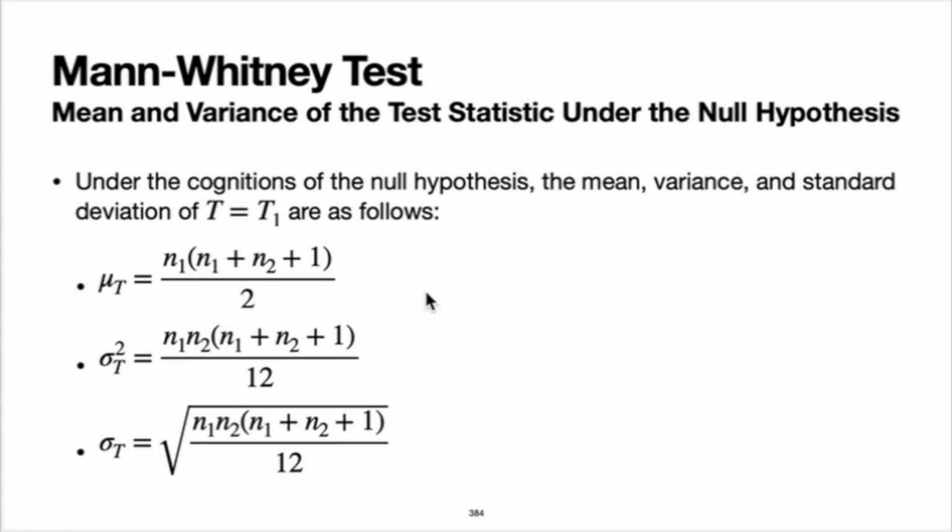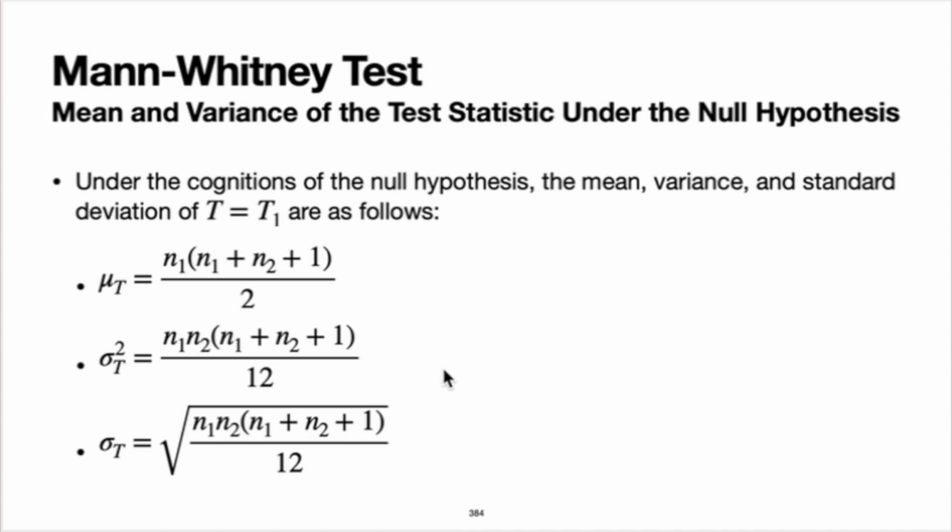And so the mean of the sampling distribution of T is given by this expression, n1 times (n1 plus n2 plus 1) all over 2. The variance of the sampling distribution of T is n1 times n2 times the sum (n1 plus n2 plus 1), all of that over 12, and then the standard deviation of the sampling distribution of T is just the square root of the variance.